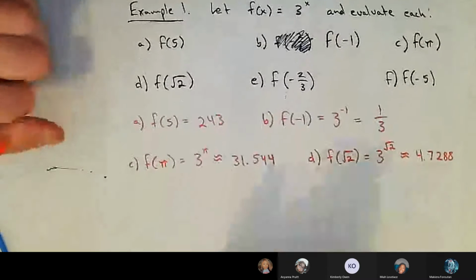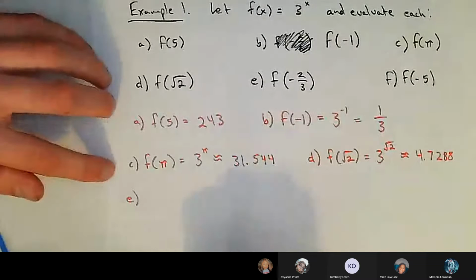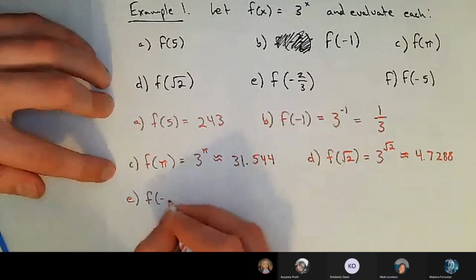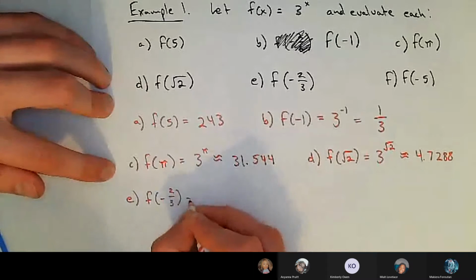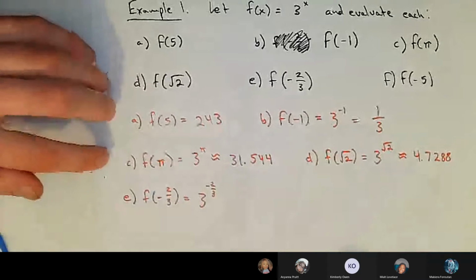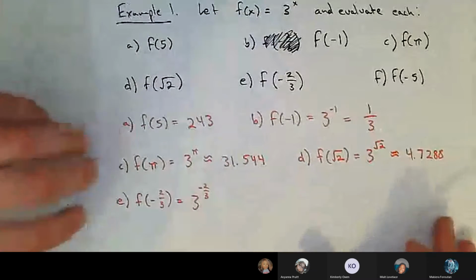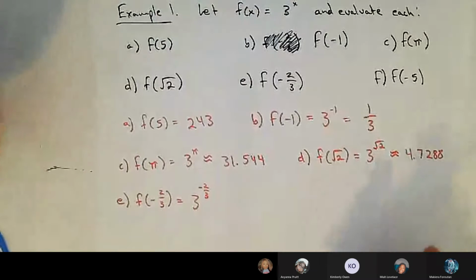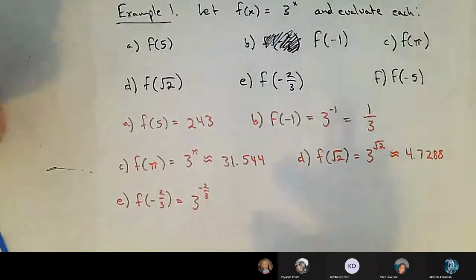Now let's look at this negative fractional input, f of negative 2/3. That's going to be the same as 3 raised to the negative 2/3. So I should be careful here and think about what this means. First of all, this tells me to take the reciprocal, right?